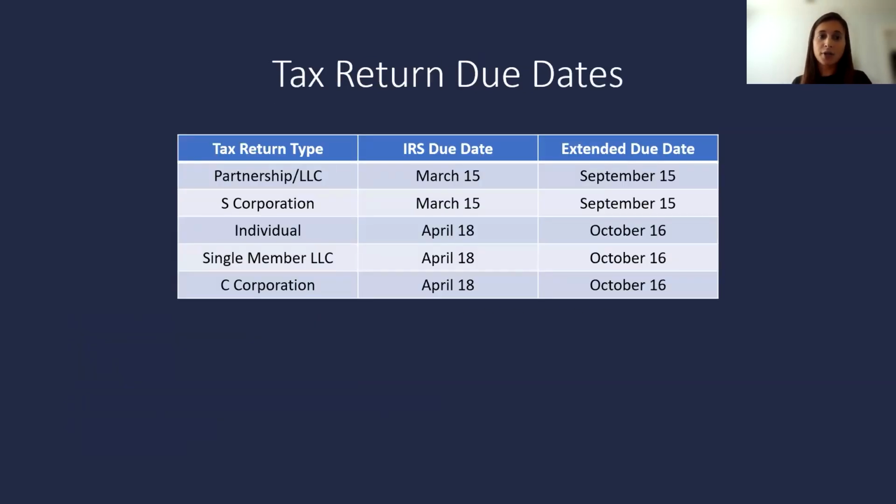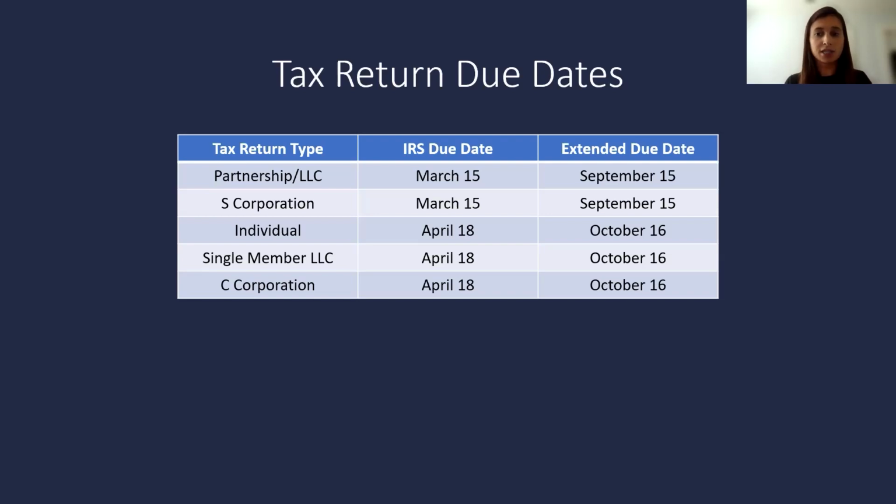These are the tax return due dates. So for partnerships and LLCs, the IRS due date is March 15th. You can elect to extend that, so the extended due date is September 15th. Same due dates for S Corps. And then your individual 1040s are due April 18th. Again, you can elect to extend that due date to October 16th.